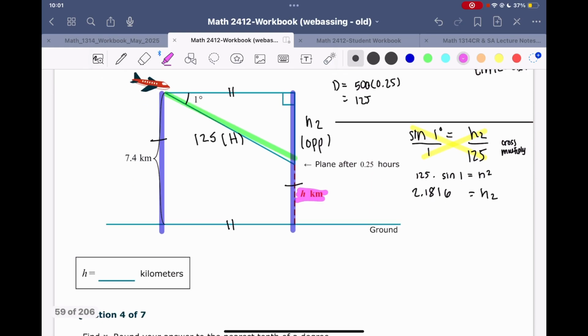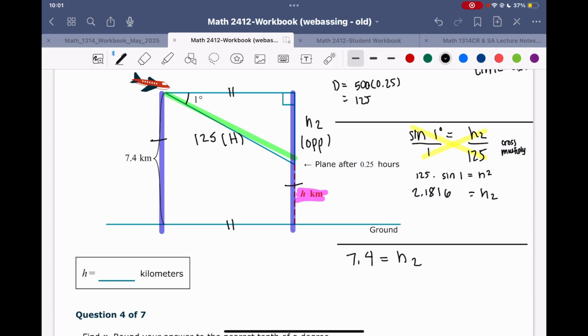And to figure that out, we're now going to say that we have 7.4 equals H2 plus H. And 2.1816 equals H2. So 7.4 equals 2.1816 plus H.